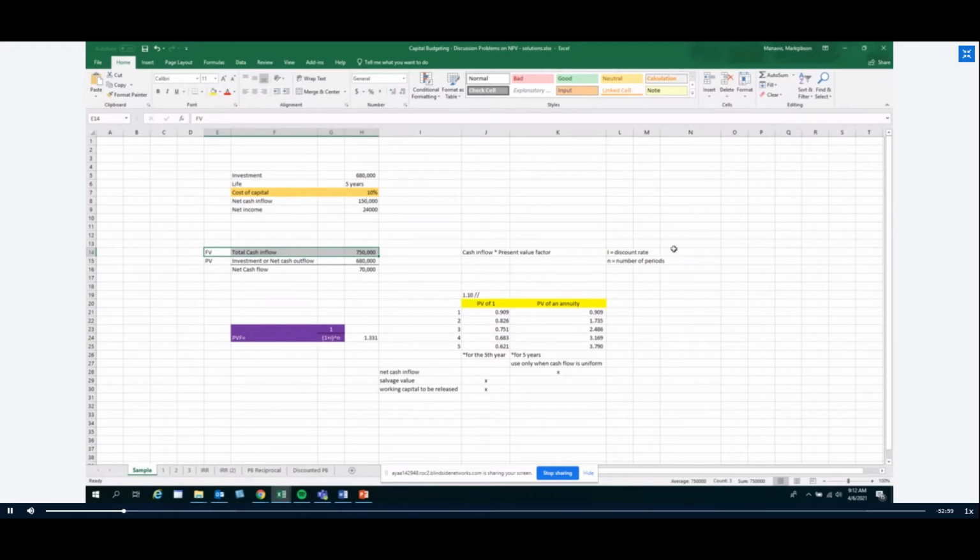Earlier today, before we start the class, I uploaded the table for the present value of one and present value of an annuity. Let me just share it with you.